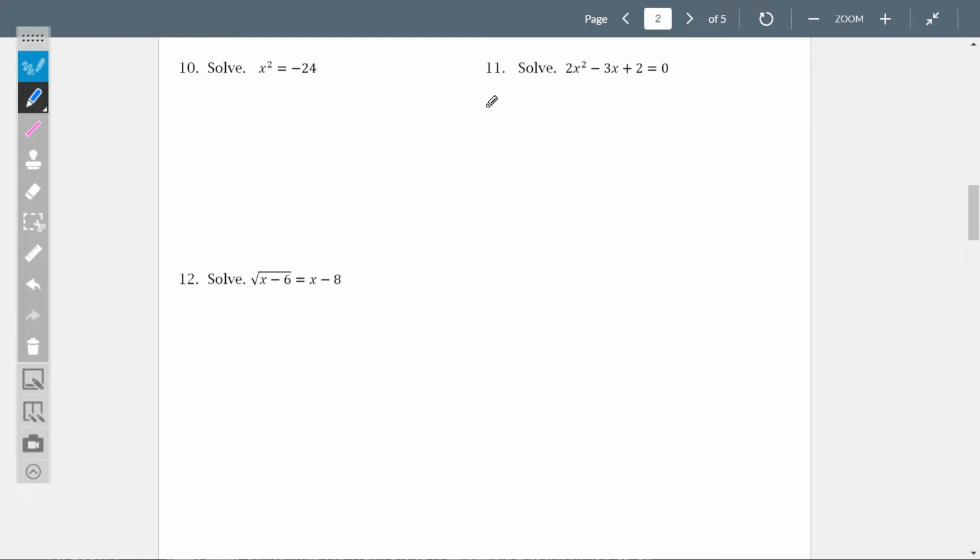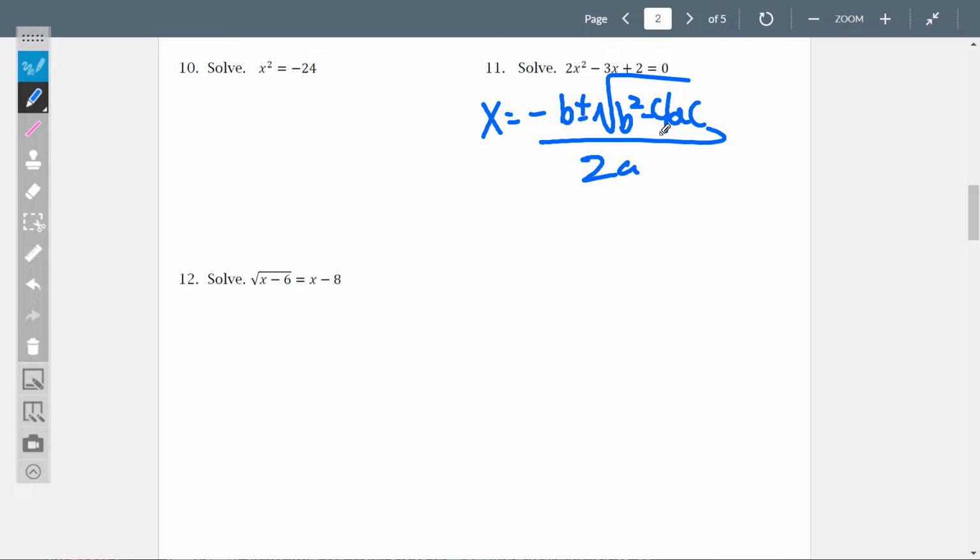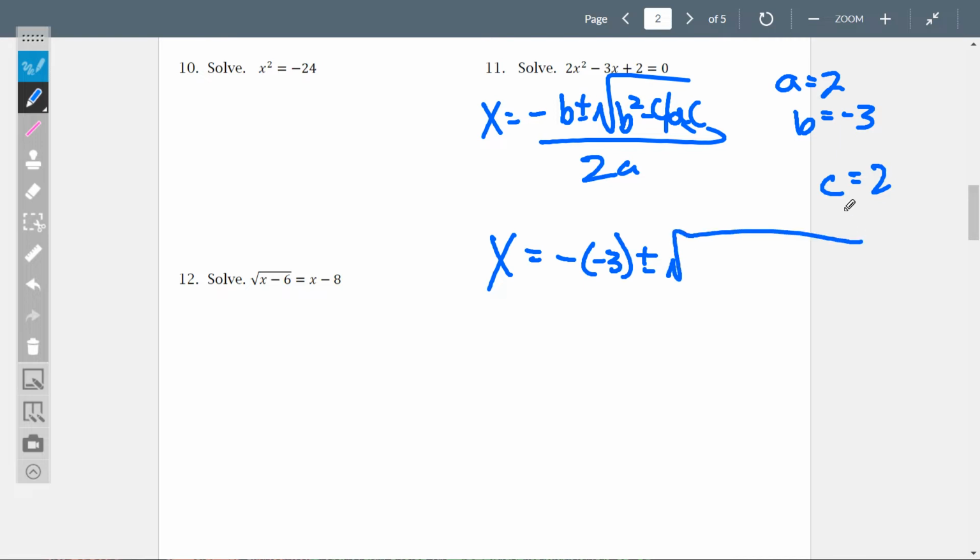So let's do the quadratic equation then. Negative b plus or minus the square root b squared minus 4 times a times c all over 2a. So a is 2, b is negative 3, and c is 2. So we have negative negative 3 plus or minus the square root of b squared, so negative 3 squared, which is 9, minus 4 times 2 times 2, all over 2 times a.